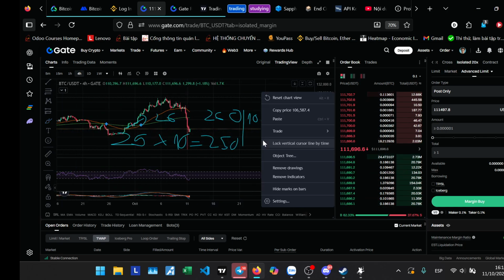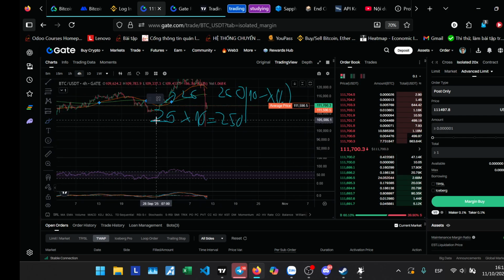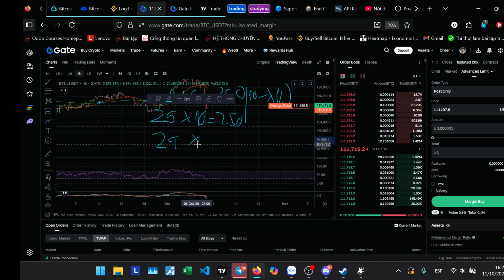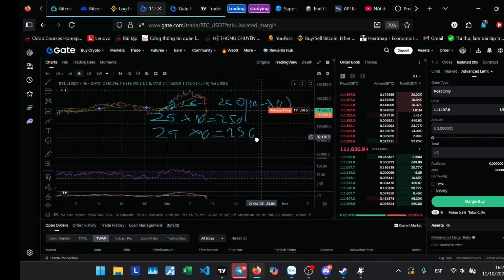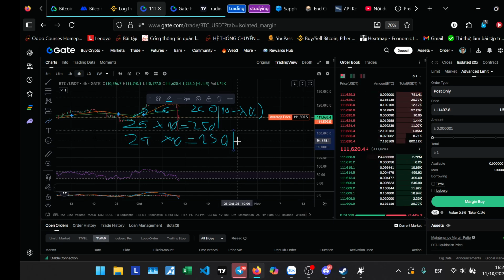If you lose money, you'll be at negative and you will still have to pay the interest.